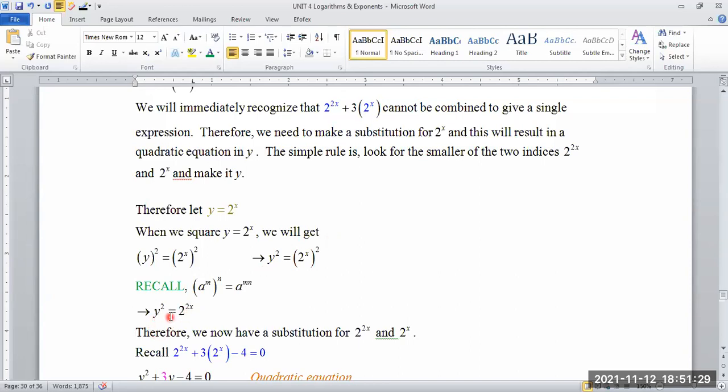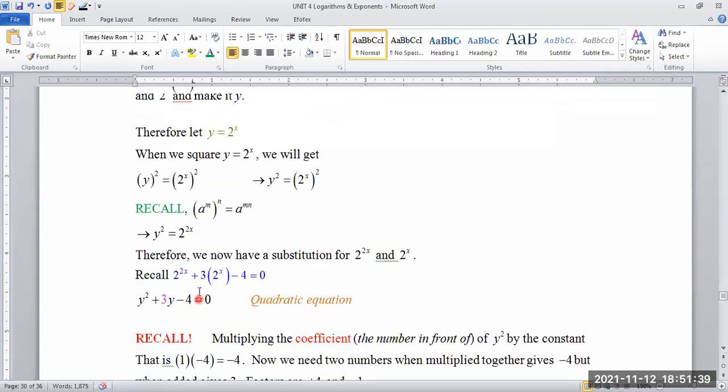All right? So therefore, I'm going to have my y squared equal to 2 to the 2x. Now we're going to substitute. I'm recalling the given question. Having recalled it, anywhere in the question I see 2 to the 2x, I'm going to put y squared.